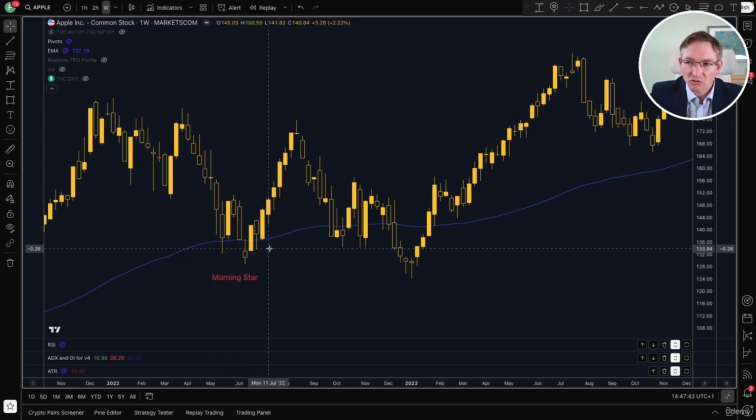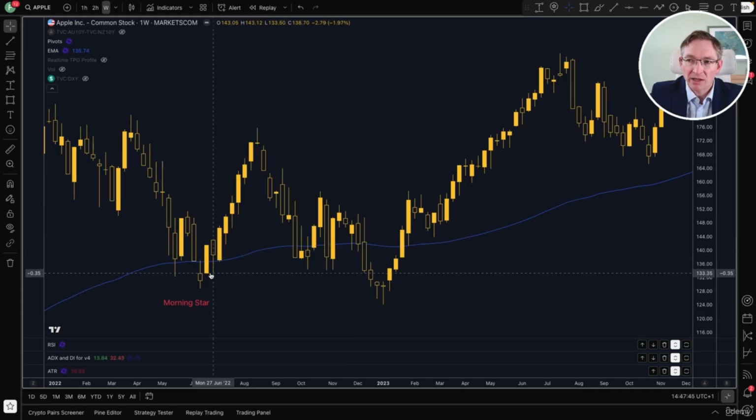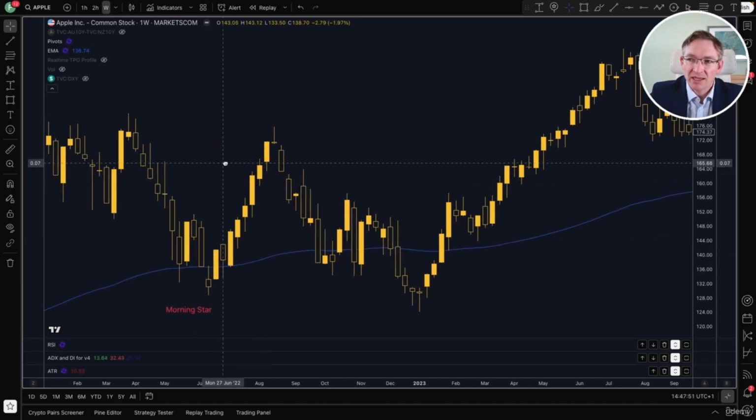It looks like they're completely in control. But then look what happens the following day. Buyers come in and they close well into the body of that first candle. So it needs to be a 3 candlestick pattern. You have the downward candle, a key reversal area, this kind of abandoned baby that's just there on its own, gapped away and left, and then ideally the next candle gaps back up higher.